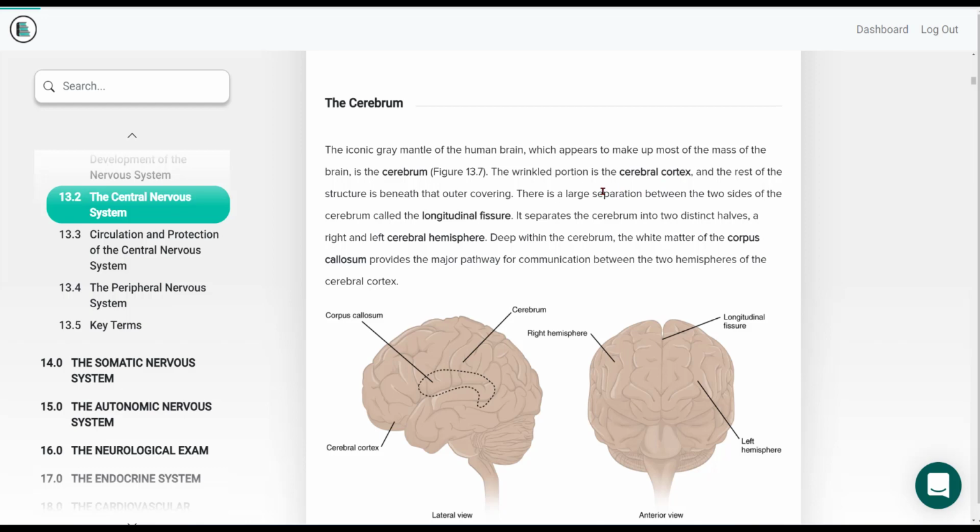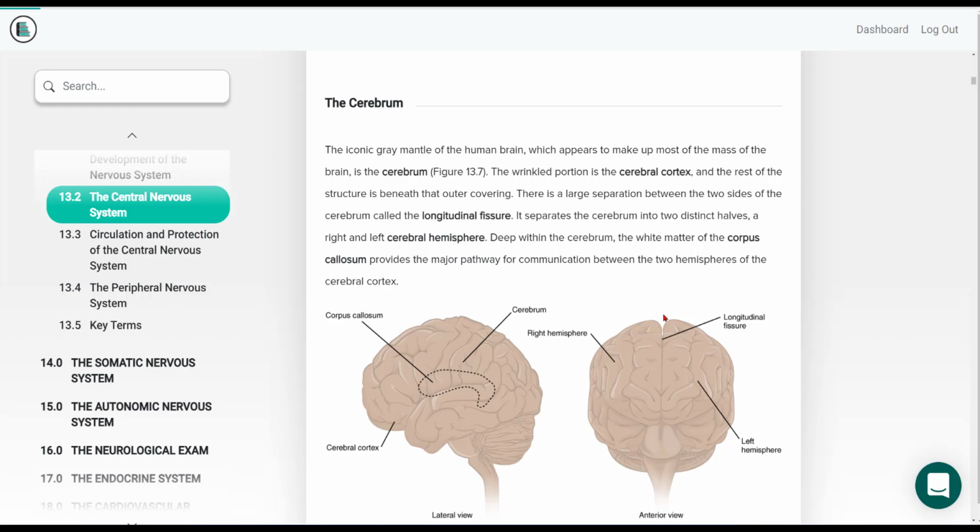The cerebrum is divided into two large hemispheres. There's a left hemisphere and a right hemisphere, each half separated by a deep groove called the longitudinal fissure. Now, as you're learning in the bones, you're going to continue to see there are two common names for grooves.